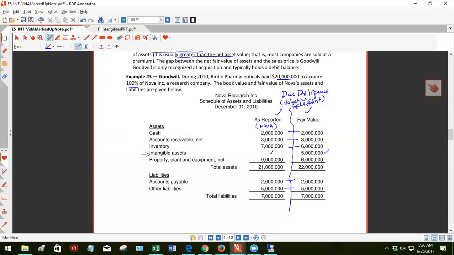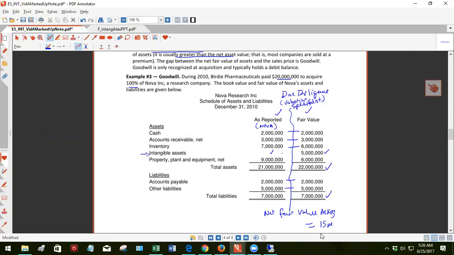So now what we have is the fair value of assets and the fair value of liabilities, and the net fair value of assets equals 15 million. It's just 22 minus the 7. So think of it like this.